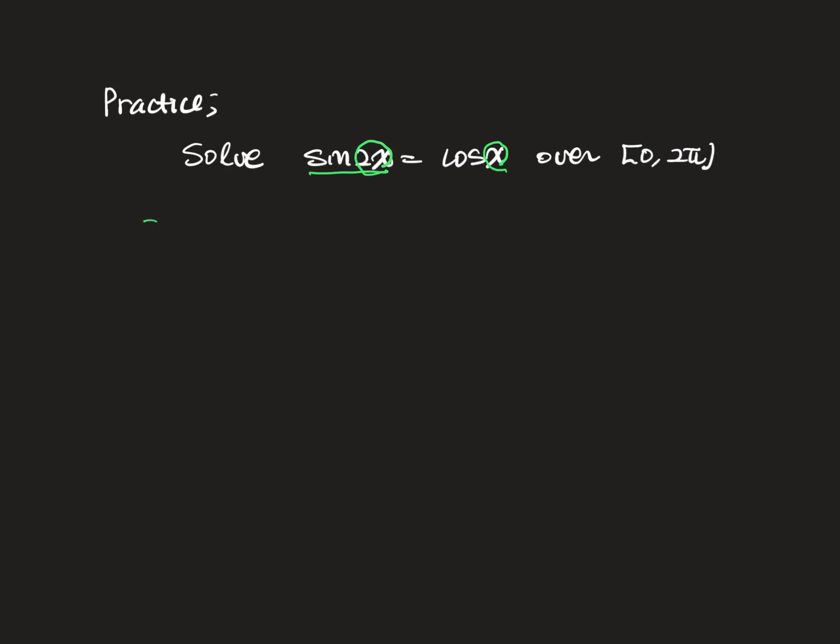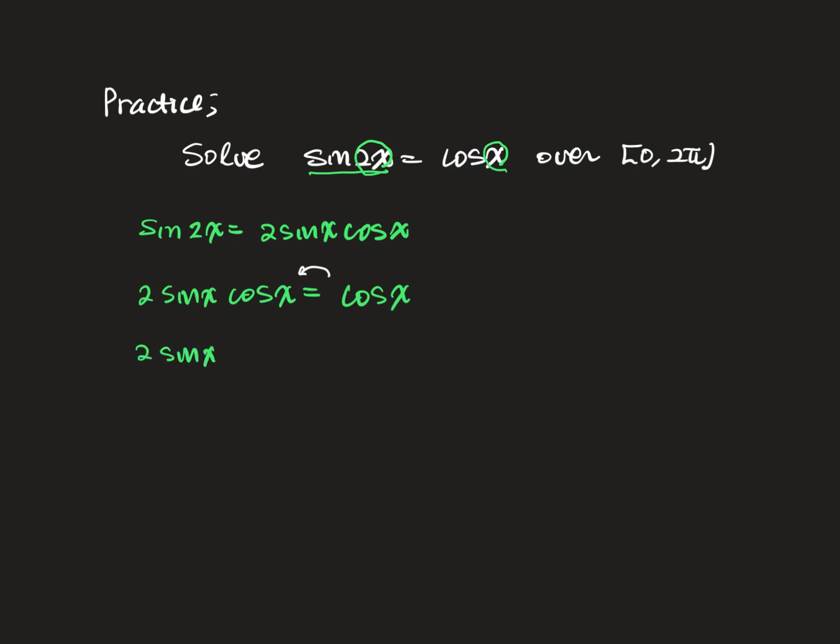Here is sine 2x. Use the double angle formula: 2 sine x cosine x. So let's change it: 2 sine x cosine x equals cosine x. Please don't divide. Move first, guys. Move it over: 2 sine x cosine x minus cosine x equals 0.